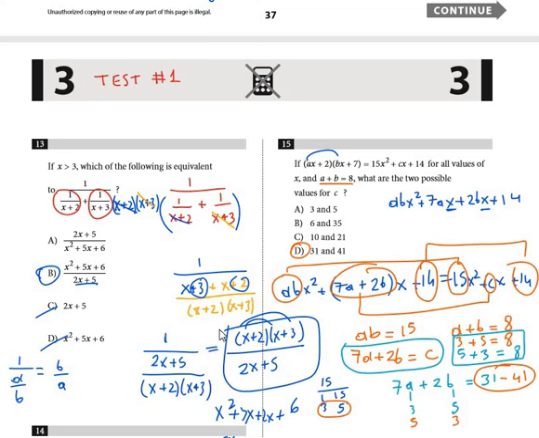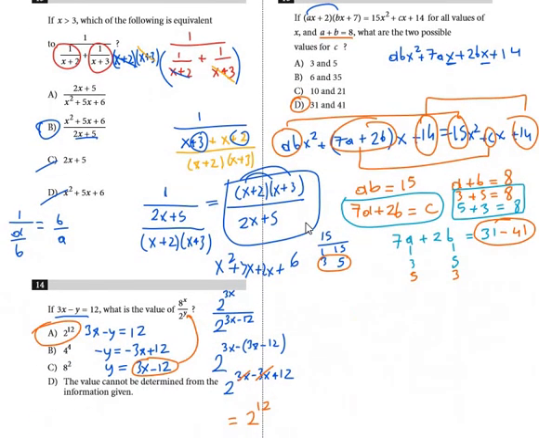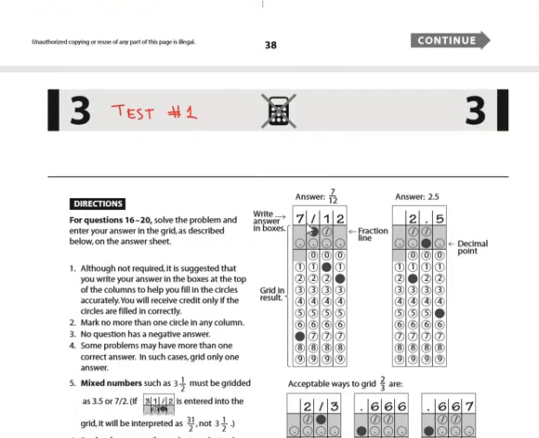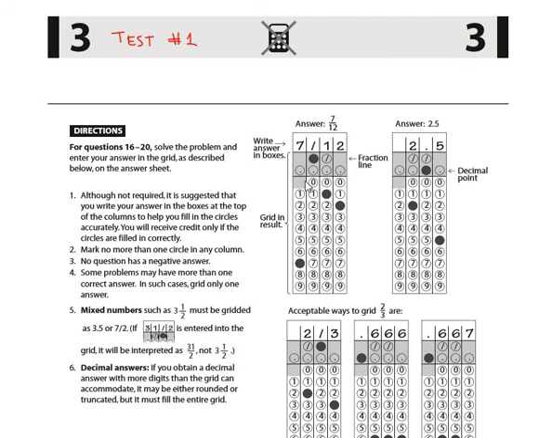Question number 16. So far we've finished the multiple choice. Now we're going to go to grid-in. Whenever you find your answer, you're going to grid in your answer this way. If it is 7 over 12, you write 7, a division sign, and 12, and you bubble in the numbers.